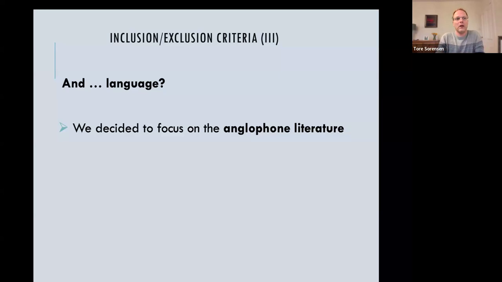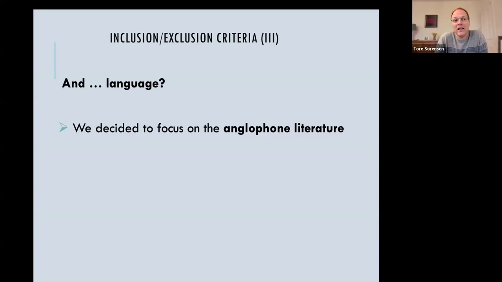But I'm from Denmark. I could also understand the Nordic languages and try to analyze literature in those languages. My colleague Xavier Dumay from Belgium, a francophone speaker, could also have considered literature in French.